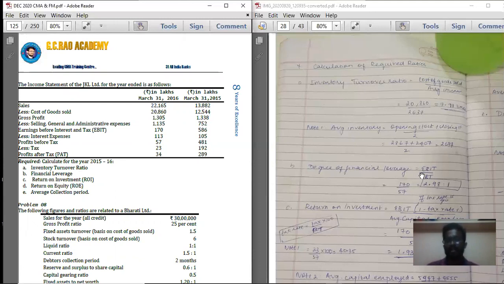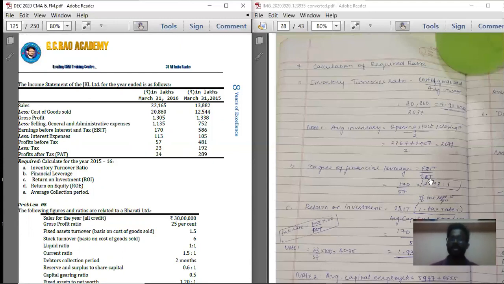Degree of financial leverage is equal to EBIT divided by EBT. EBT is your profit after making interest payment, and EBIT is your profit before making interest payment. Because of this interest, how much leverage you are creating in your profit? That is called degree of leverage.